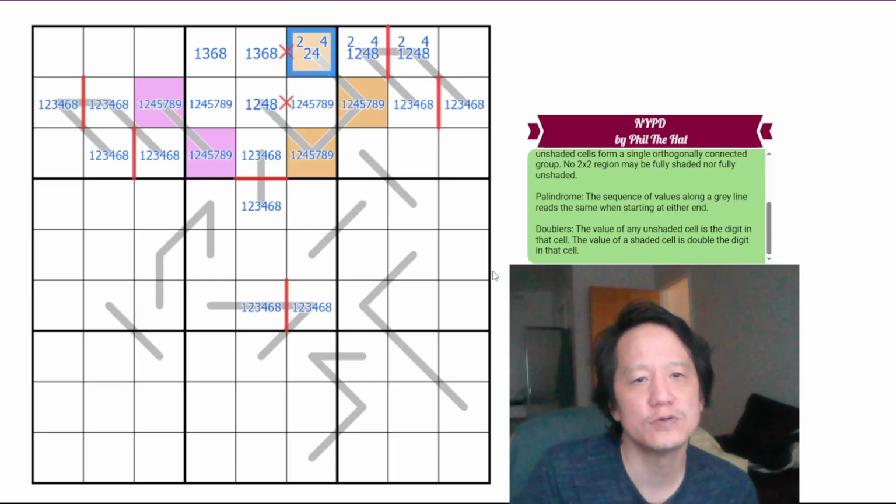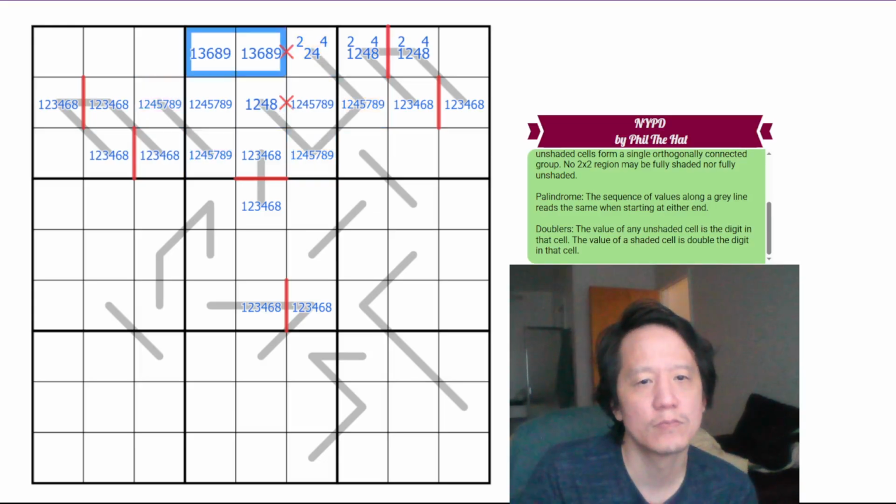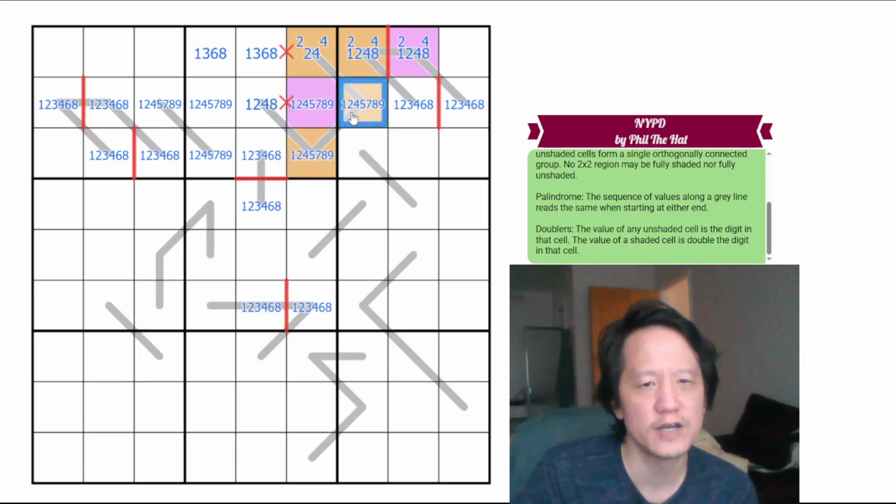So if this is orange, then this could be, okay, so if this is the same shading, what happens if this is orange? This is orange, this must be orange, so this must be the other one, so we'll say that's pink. This must be the other one, so it's pink. Again, you have a diagonal here that's already orange, so this can't be a diagonal of pink, this must be orange.